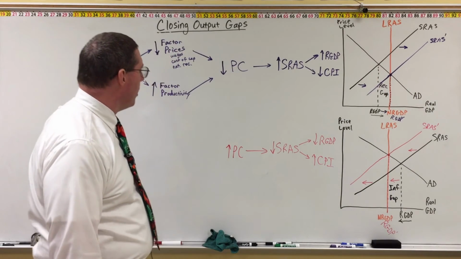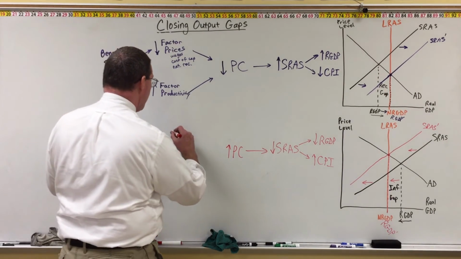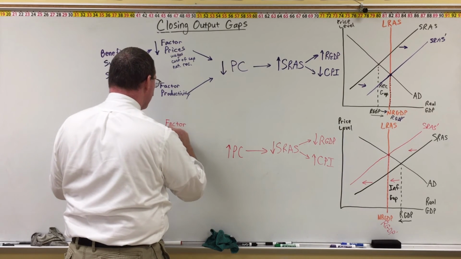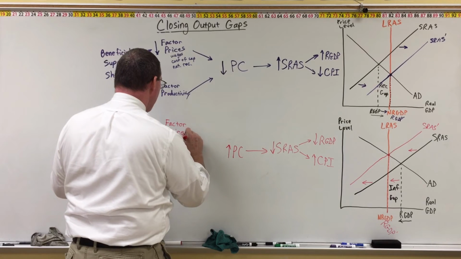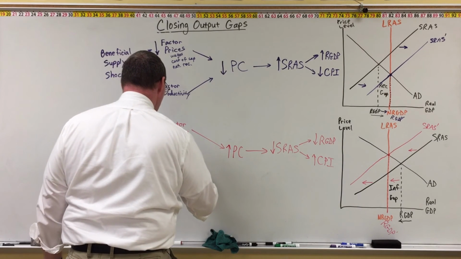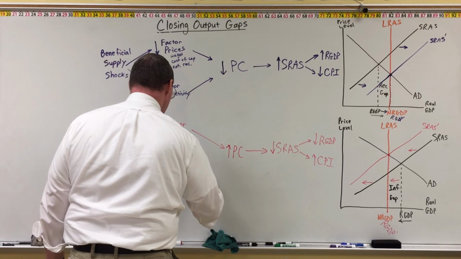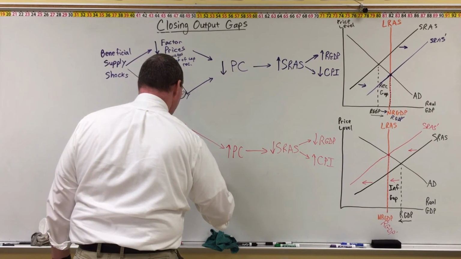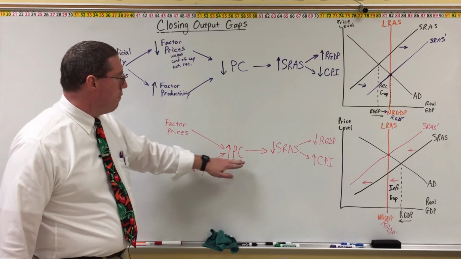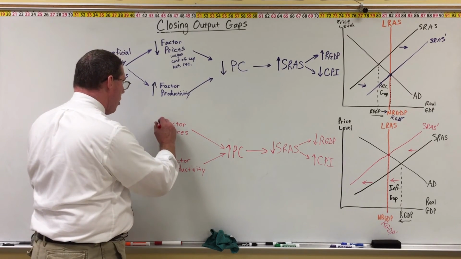Well, what leads to an increase in production costs? We know that production costs are affected by factor prices and factor productivity. And so we know that costs of producing will go up if factor prices go up.